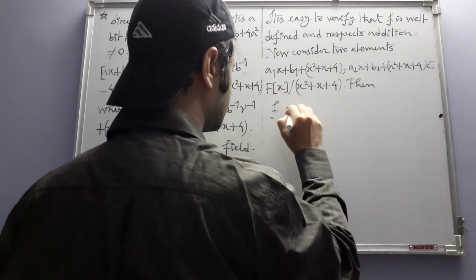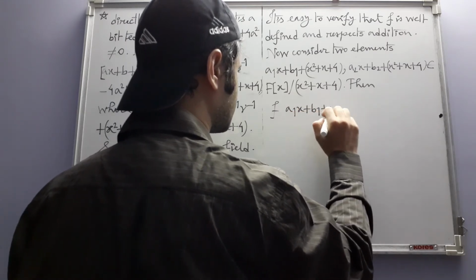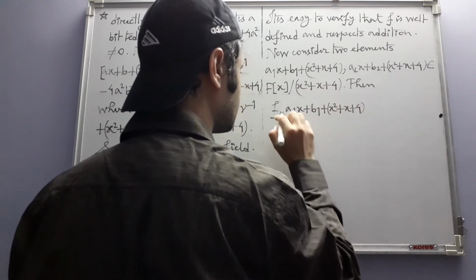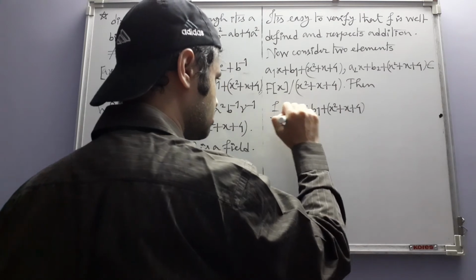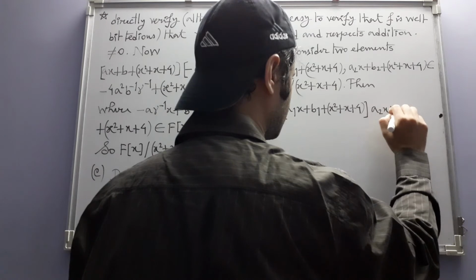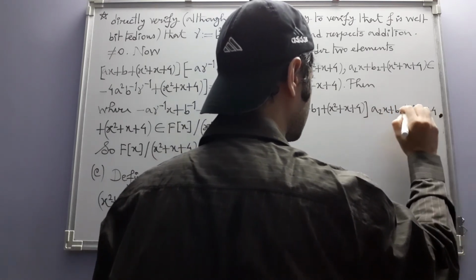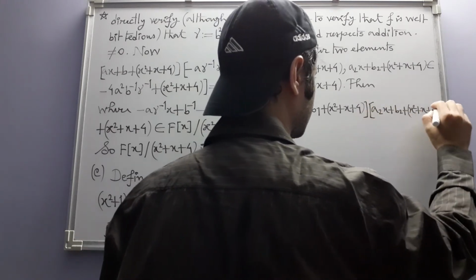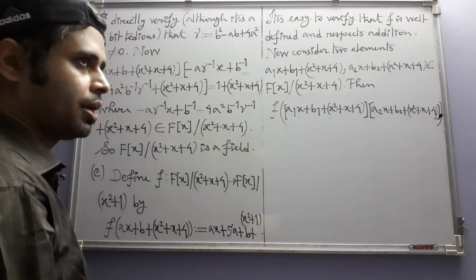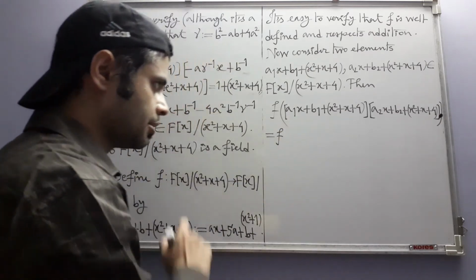F of a1x plus b1, this is one coset, and this is the other coset. On this, after the multiplication is over, we will apply f. So our first job is to carefully multiply these two cosets.